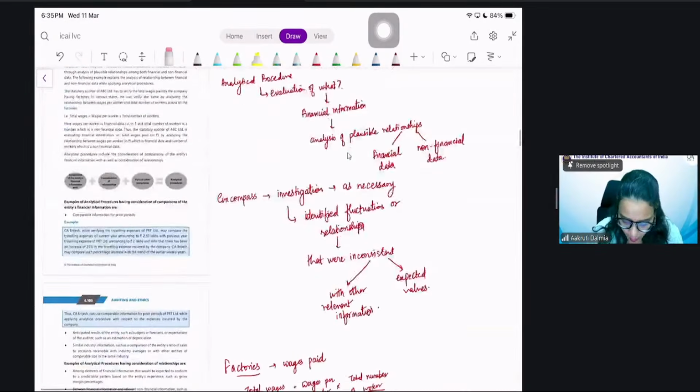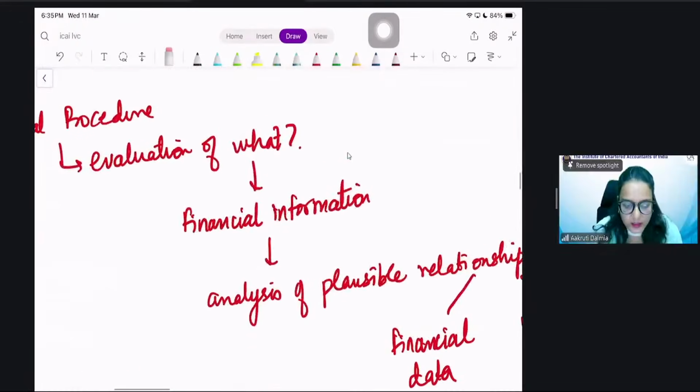Let's see, so what will be your main keywords? Very good, Nikunj. Nikunj has sent it properly, the way I wanted. Evaluation, financial information, plausible, financial and non-financial, investigation, necessary, identified fluctuation, inconsistent relationship, expected value, relevant information.